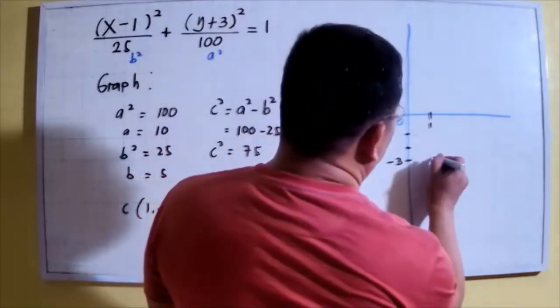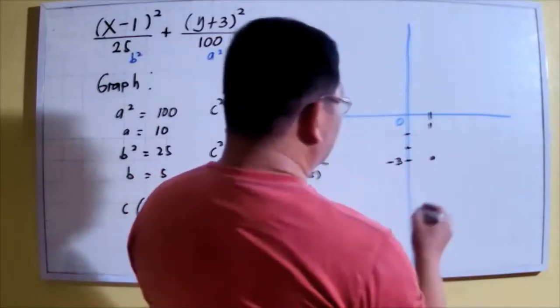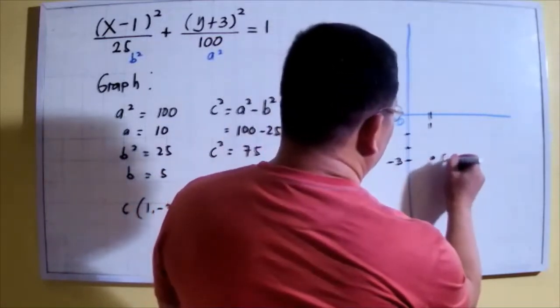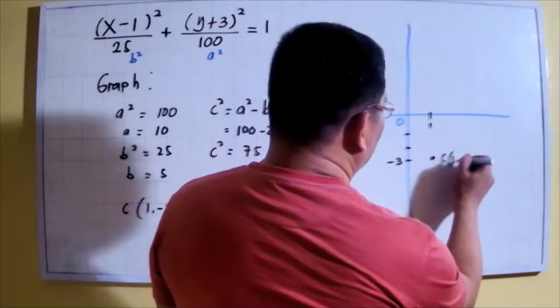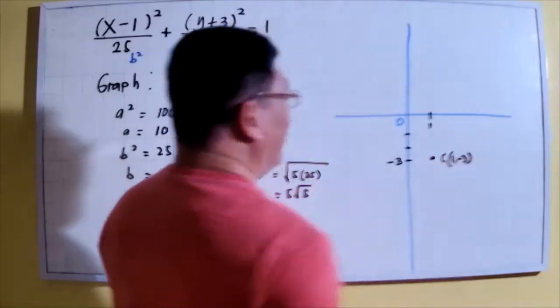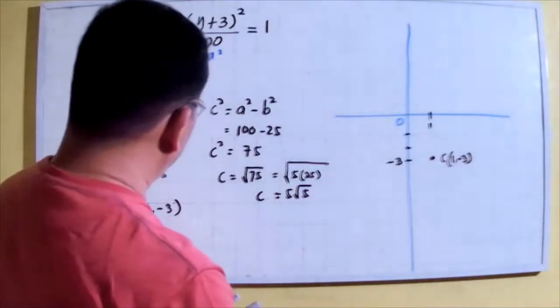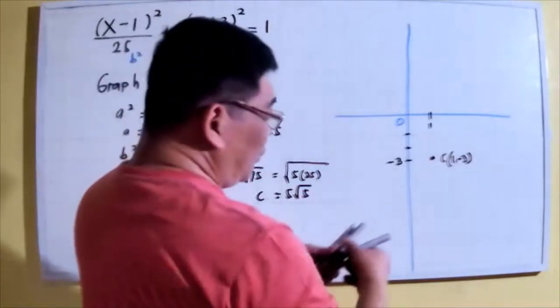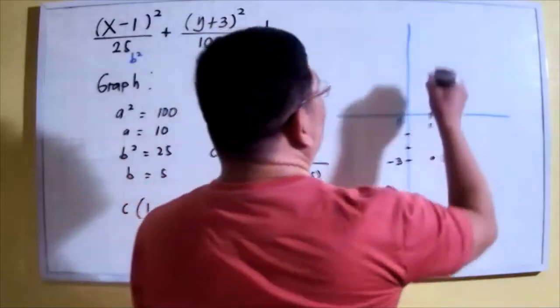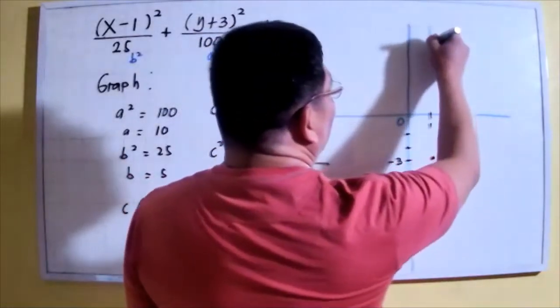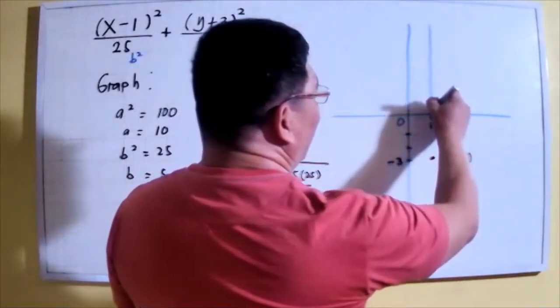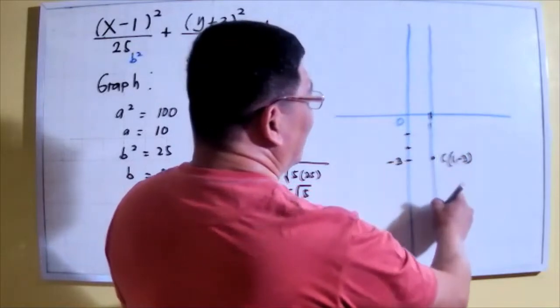So we have the center. The center is at (1, -3). Now, magdodraw na tayo ng vertical line dito that will serve as the line wherein mag-intersect yung center.